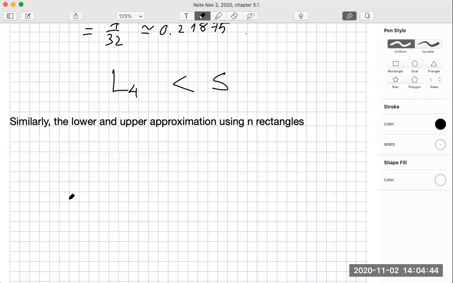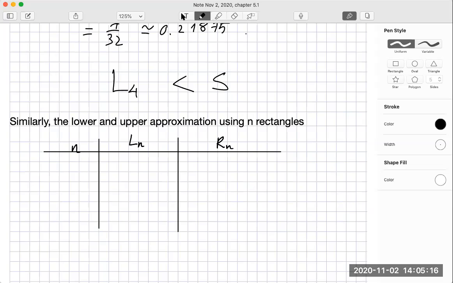If we have n rectangles, we call it lower approximation Ln and upper approximation Rn.